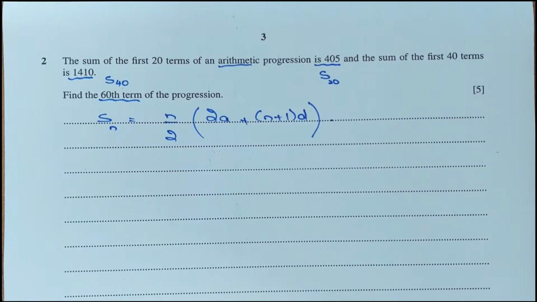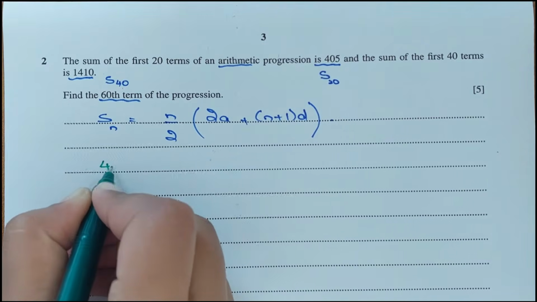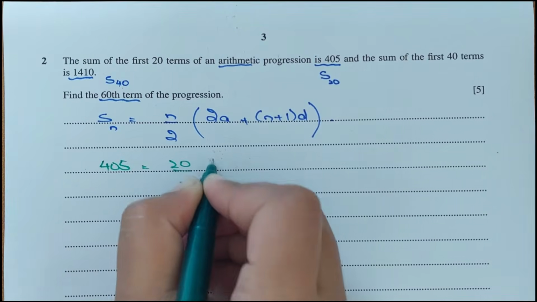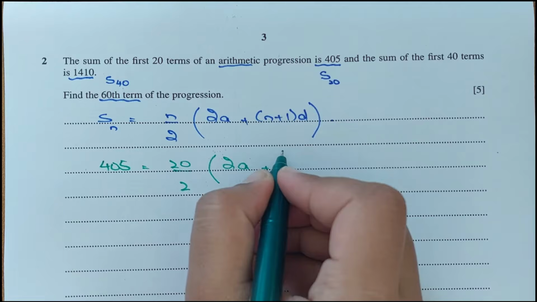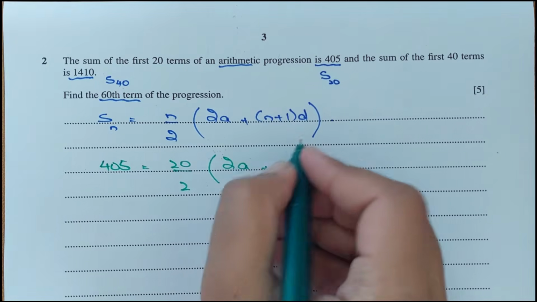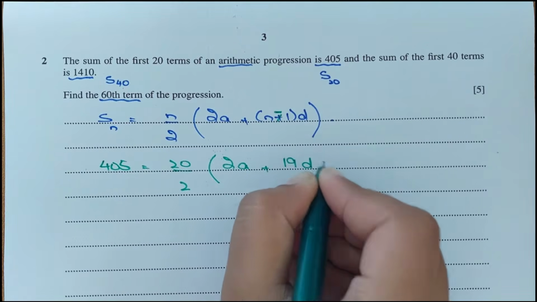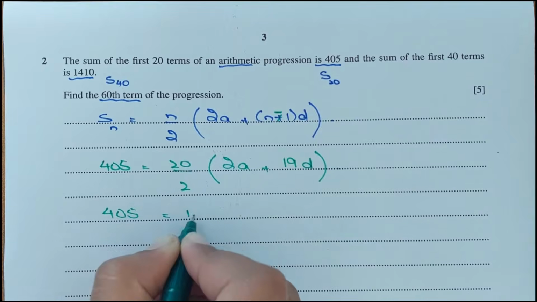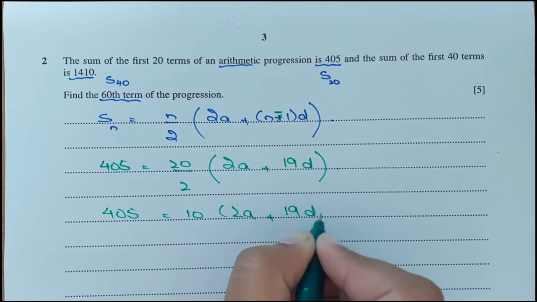Let me solve for S20 first. S20 we have been given is 405. This equals 20/2 times (2a plus (n minus 1) times d). This is not n plus 1, it is n minus 1, so 19 times d. 405 equals 10 times (2a plus 19d).